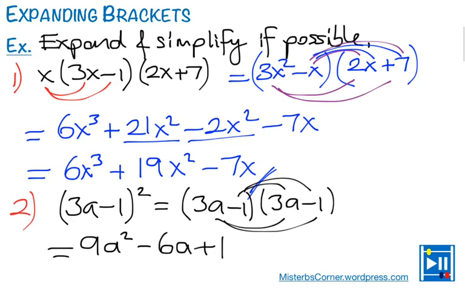Now, there are some identities. This is square of the difference. There's a square of sum. If you remember these, then you can directly write the end product. But it's totally okay if you do the multiplication as well.